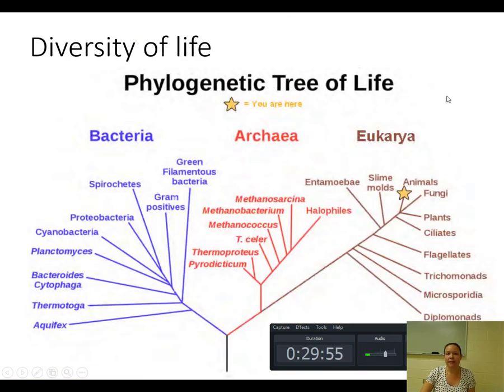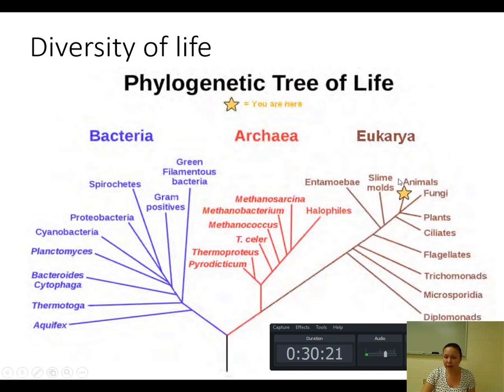And all of life is organized into something called the phylogenetic tree of life. And for the phylogenetic tree of life, nothing here do you necessarily need to memorize. You will not be asked to redraw this tree, but you should know that all of life is categorized in 3 categories: bacteria, archaea, and eukarya. So these are what's called the 3 domains of life.